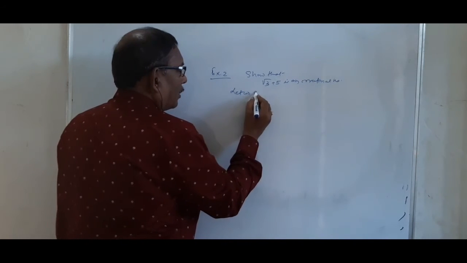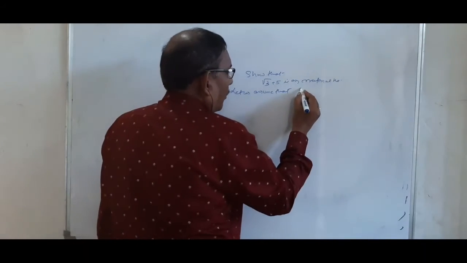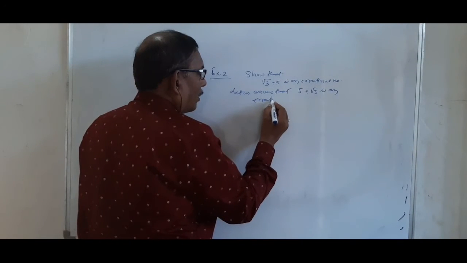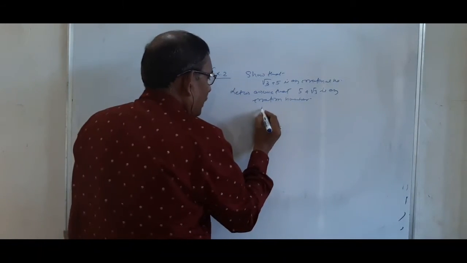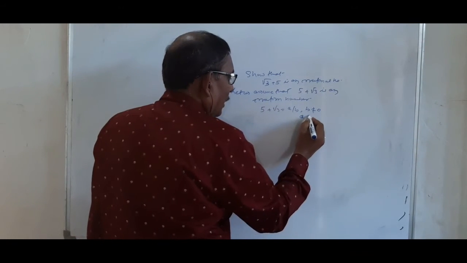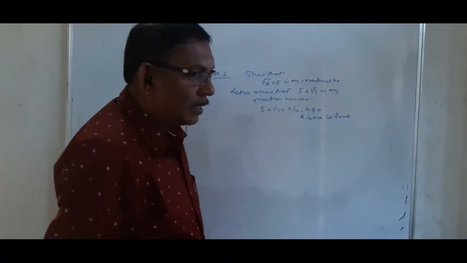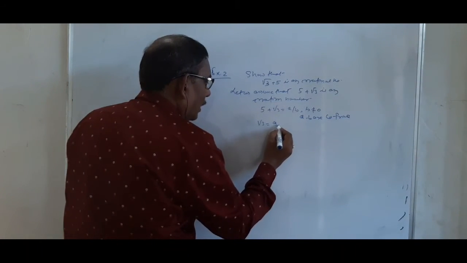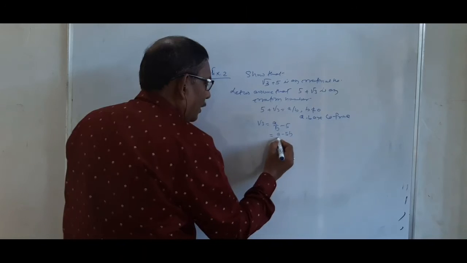Let us assume that 5 plus root 3 is a rational number. Okay. We express this in the form a by b, where b is not equal to 0 and a and b are co-prime. It means the HCF of a and b is 1. Now root 3 is equal to a by b minus 5, that is, a minus 5b by b.